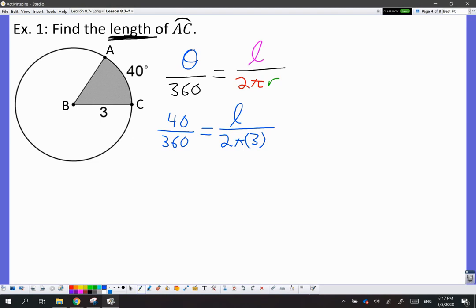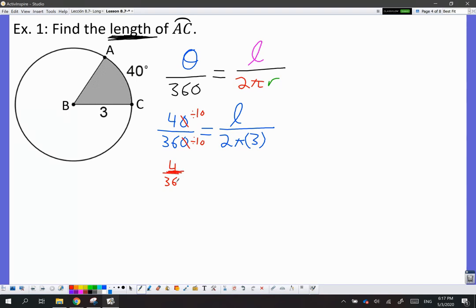So if I want to leave my answer in exact form, I need to start off right here, right now, reducing whatever fractions that I can. Whatever fractions that I can reduce right now is going to help me out later on. So I'm not going to have to reduce really big numbers. Right now, I see that if I cancel that 0 out, in other words, I'm dividing the top and the bottom by 10, then that leaves me with 4 over 36.